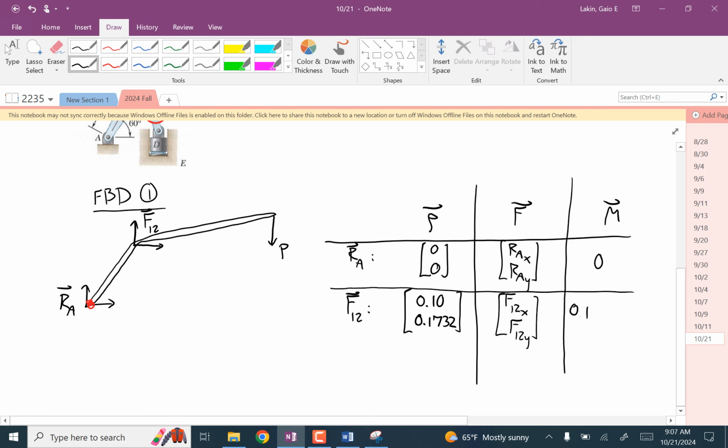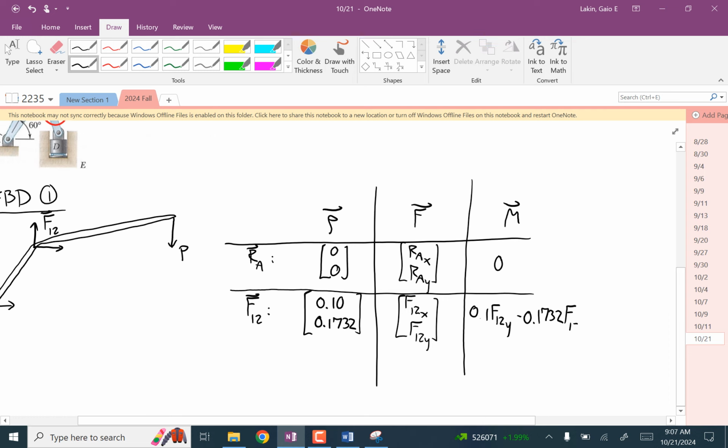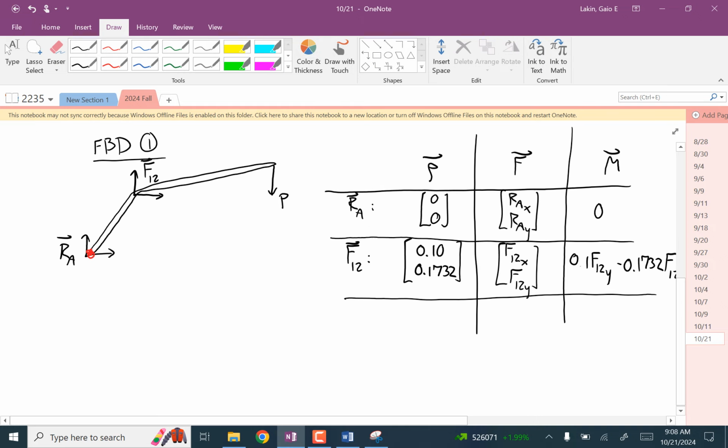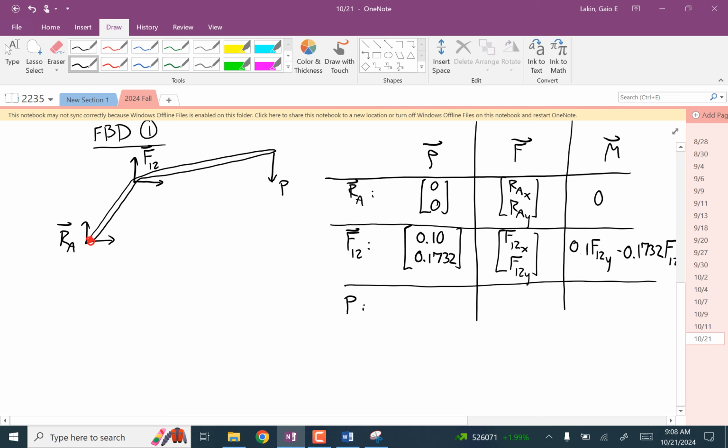So then you got 0.1 F12y minus 0.1732 F12x. And then that force P is the last one.